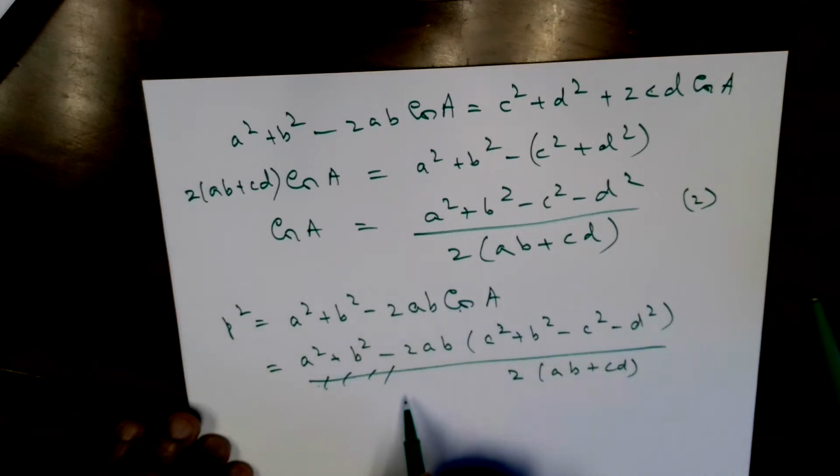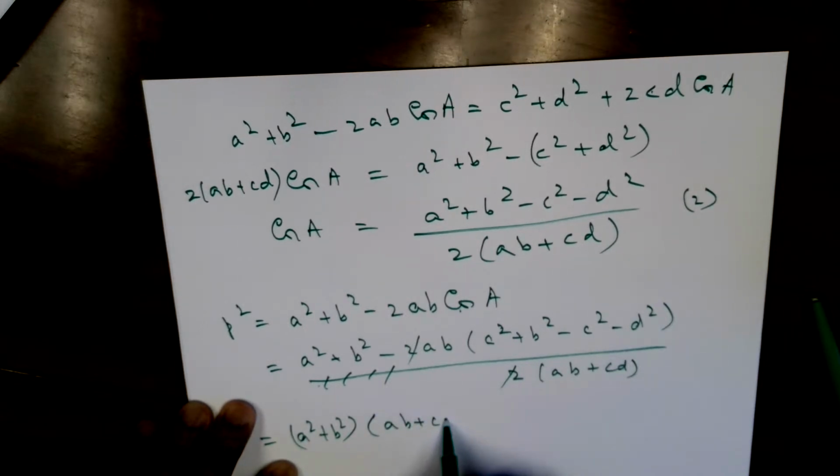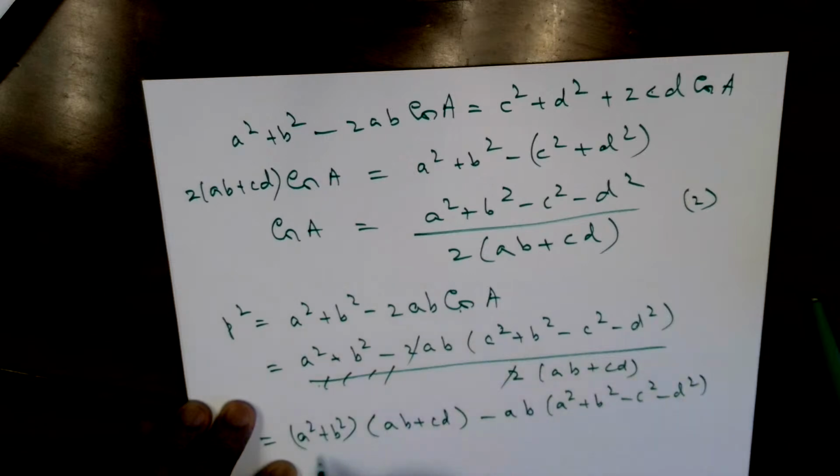The 2 cancels, and if I cross multiply, I get (A squared plus B squared) multiplied by (AB plus CD) minus AB times (A squared plus B squared minus C squared minus D squared), the whole thing divided by AB plus CD.